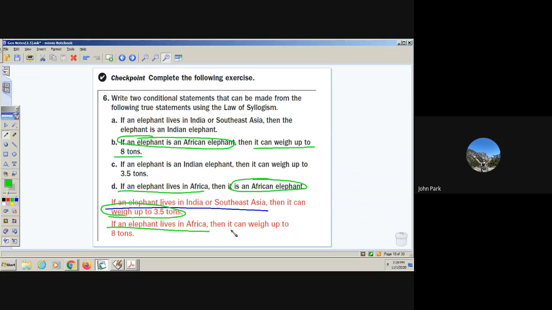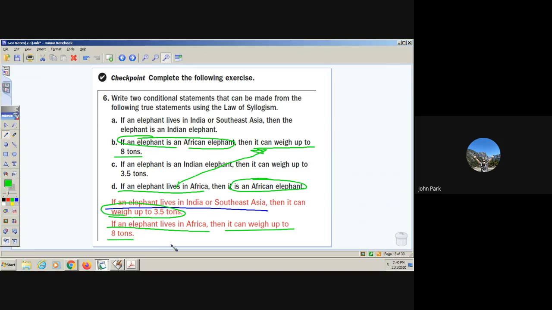So we can go directly from, if an elephant lives in Africa, skip the part about African elephant, and conclude that if an elephant lives in Africa, then it can weigh up to 8 tons. That is another true statement you can make using the law of syllogism.